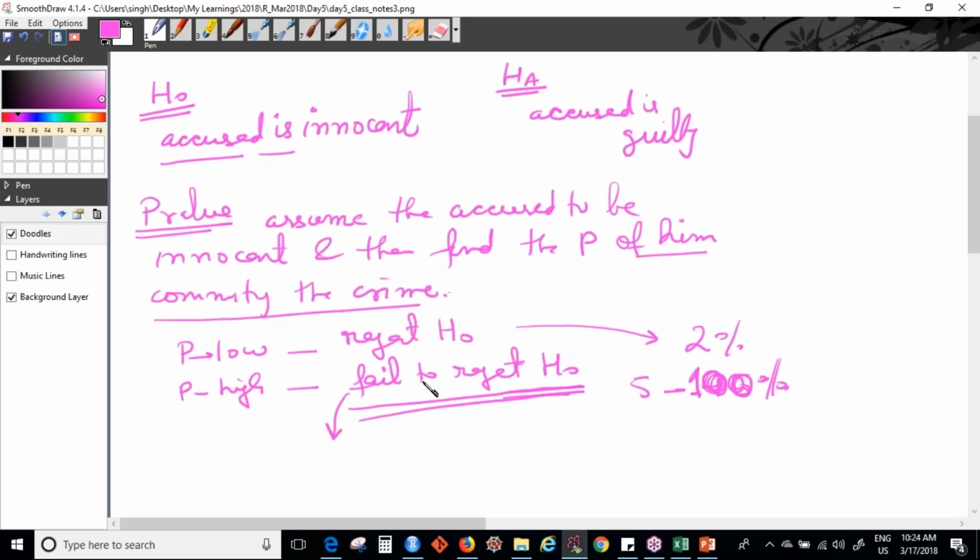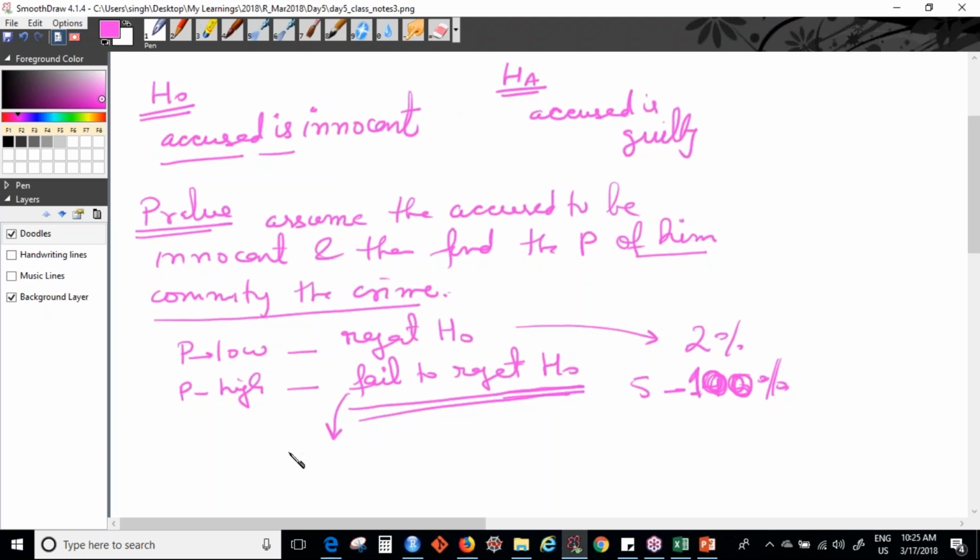So whenever you fail to reject your null hypothesis, you will never say that he is guilty. The court will never say that he is guilty. If you read the court statement clearly, or if you have watched any movie, the court will never say that he is guilty. The court will say that there is not enough evidence against him to say that he is innocent.